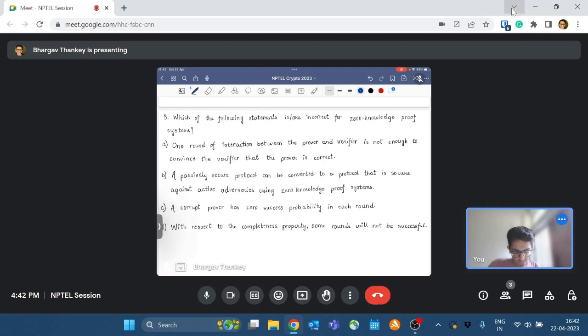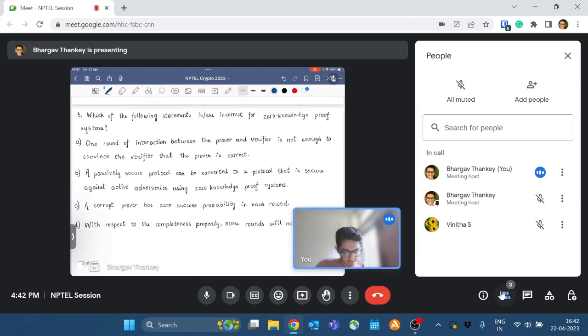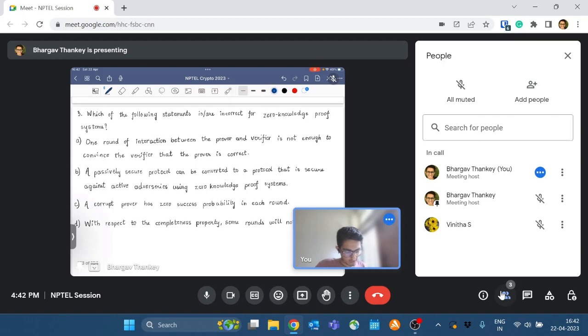Option B: a passively secure protocol can be converted to a protocol that is secure against active adversaries using zero knowledge proof systems. Option C: a corrupt prover has zero success probability in each round. And option D: with respect to the completeness property, some rounds will not be successful. So which of these are correct?